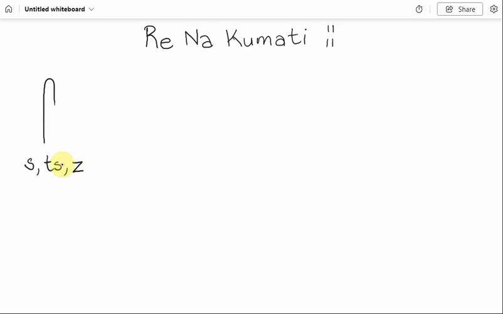Okay, s, ts, z. And the ts and the z are actually interchangeable because in my language, we don't have an actual z sound, but it is equivalent to the ts, right? Our ts is equal to the z in Zulu, all right?